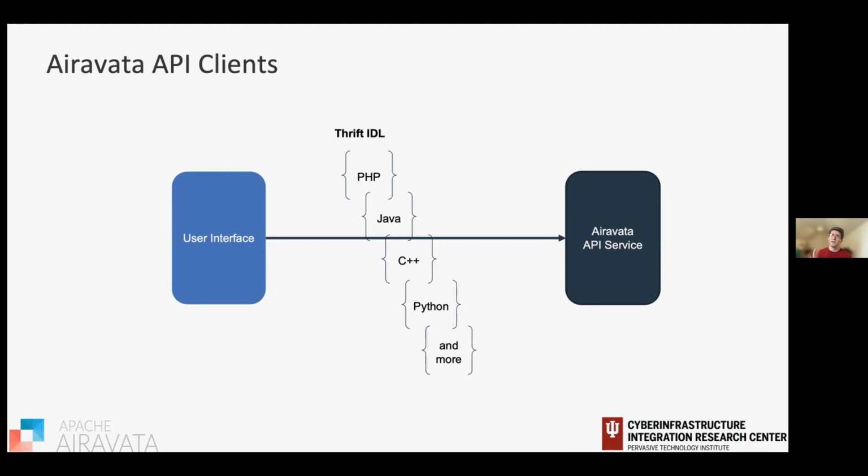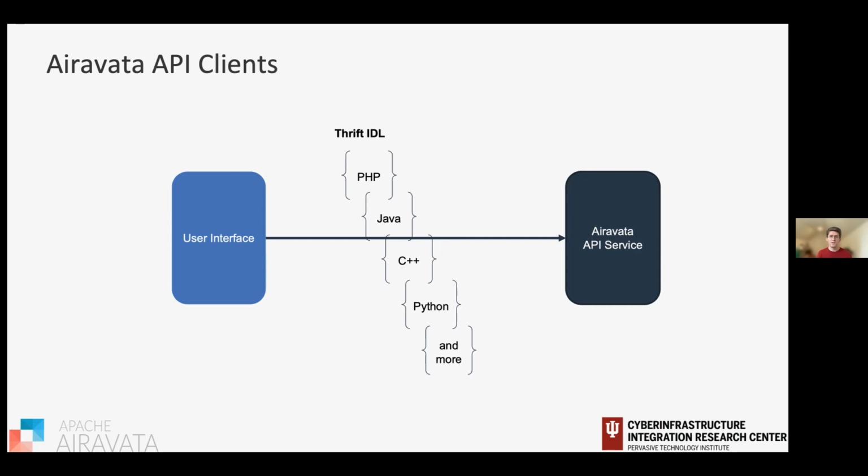And this interface definition language is not language specific. It's programming language agnostic. So with Thrift, you can generate stub code in multiple different languages. That's really nice because that allows you to write an integration with the Airavata API in pretty much any language you can think of.